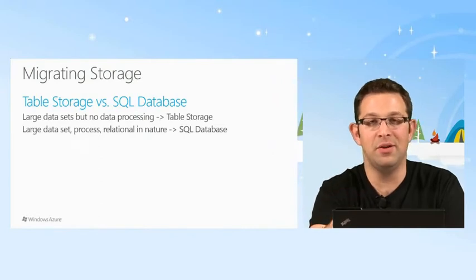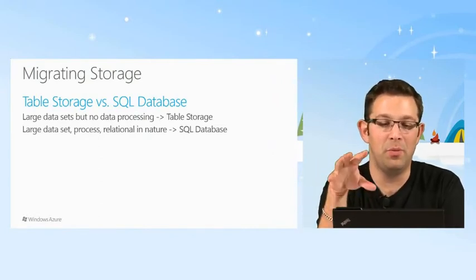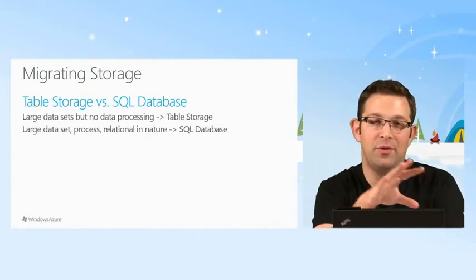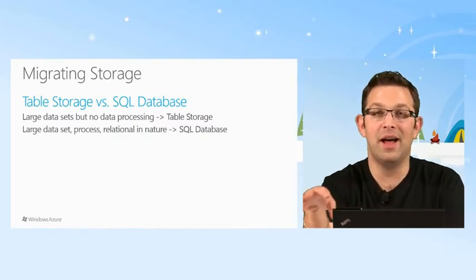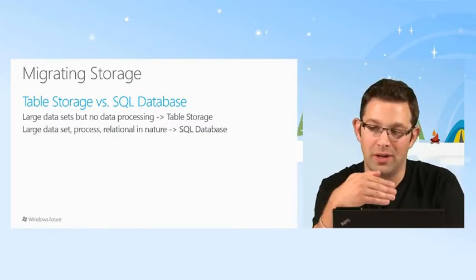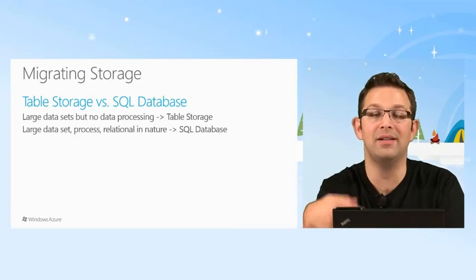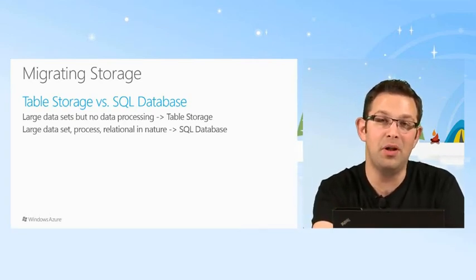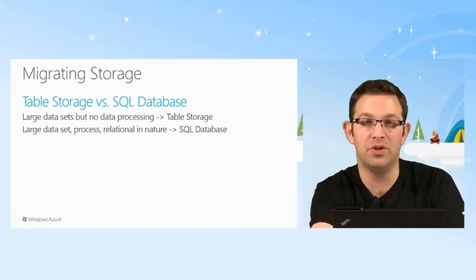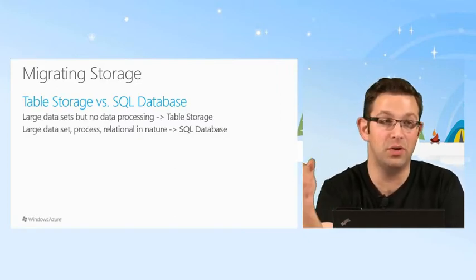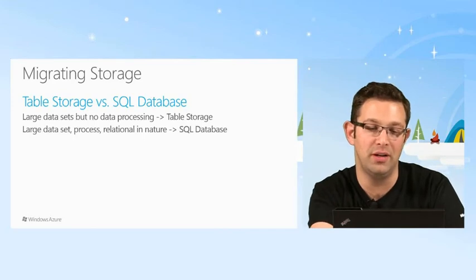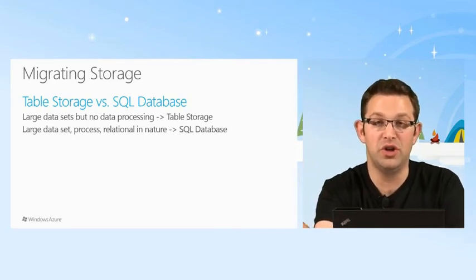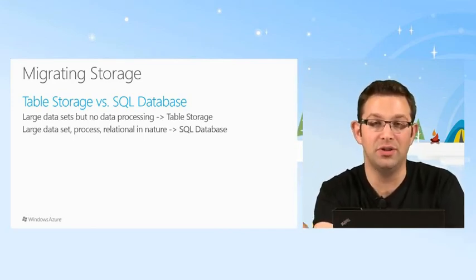Now the thing is, though, if you switch from whatever you're using right now and you want to use table storage, that's when this migrated application of yours, or the application that you're working to migrate, needs some code changes. Okay, it's not as simple as bringing it over to a Windows Azure SQL database or a SQL server running in a virtual machine, where you literally could just change the connection string and you're good to go.